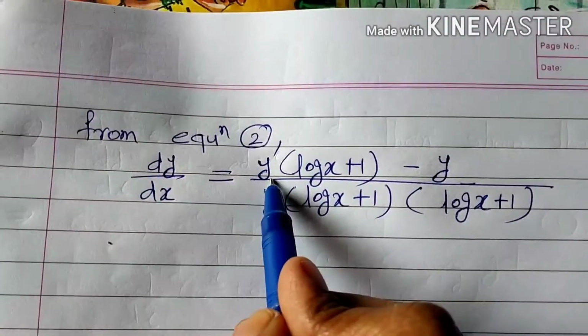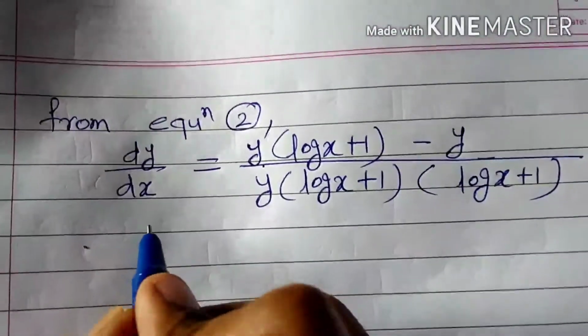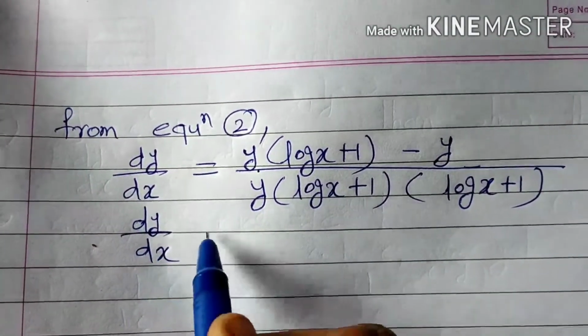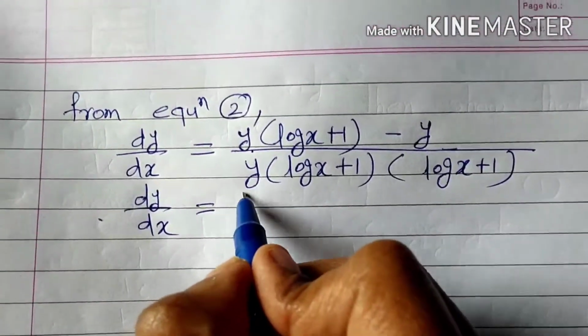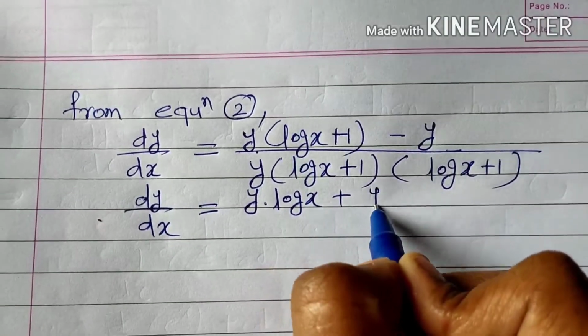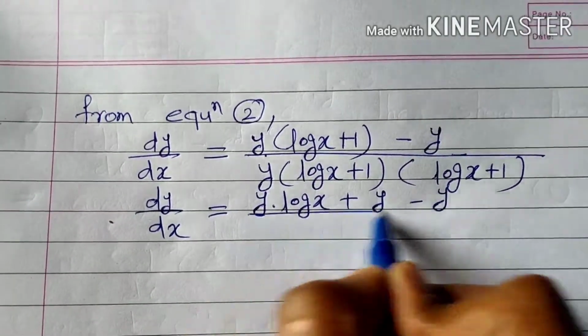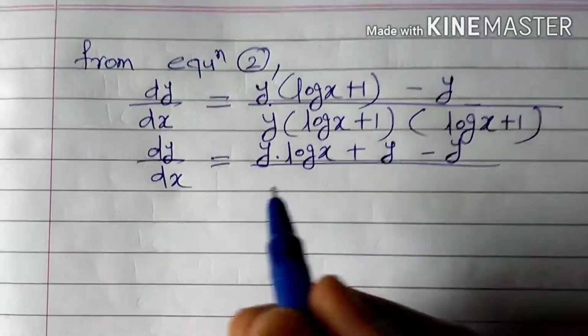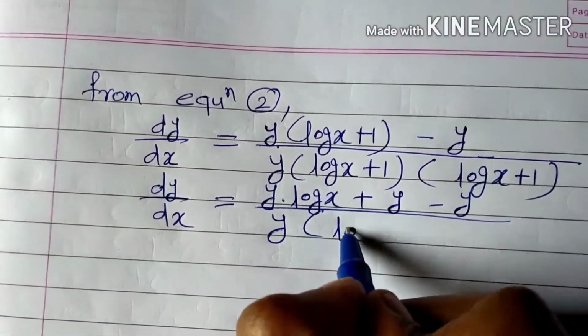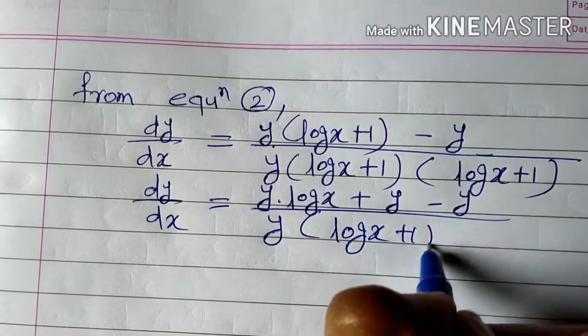Now multiply this y into this bracket, so we get dy by dx is equal to y into log x plus y minus y upon y into log x plus 1 whole square.